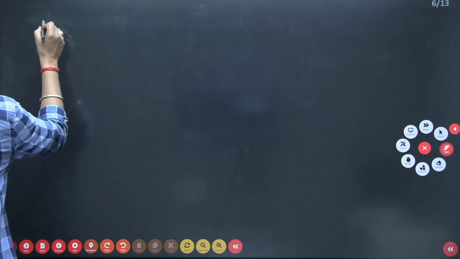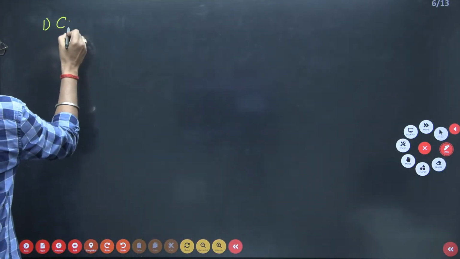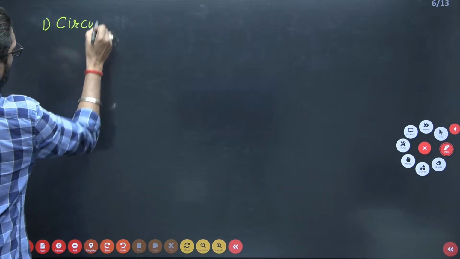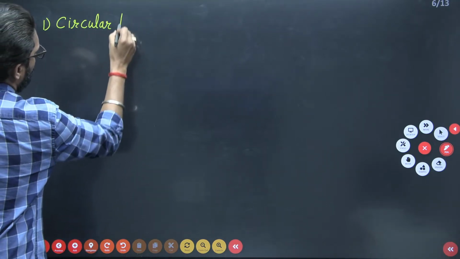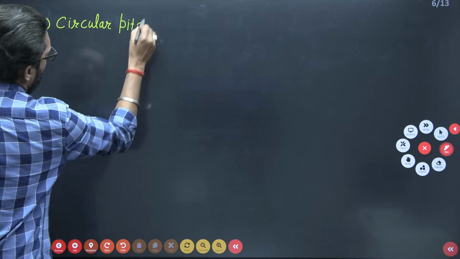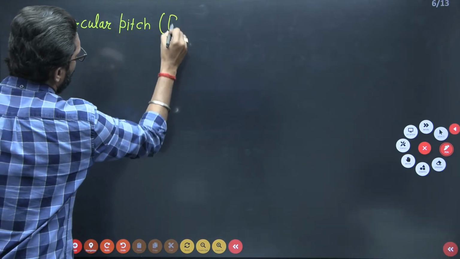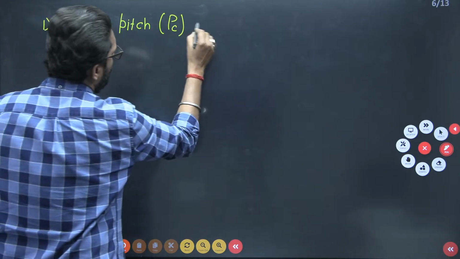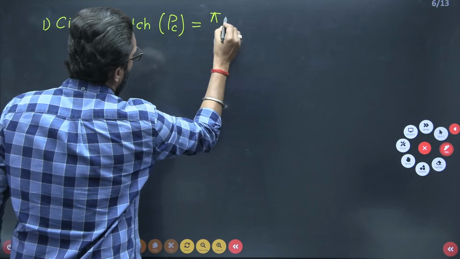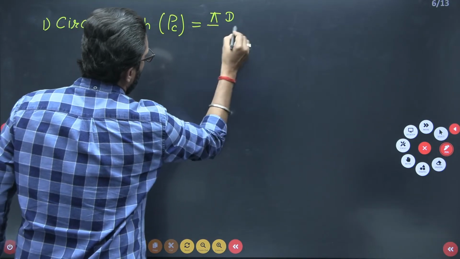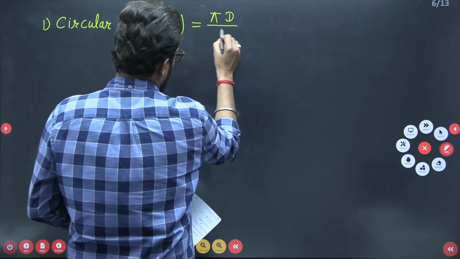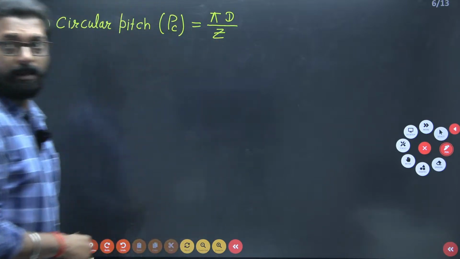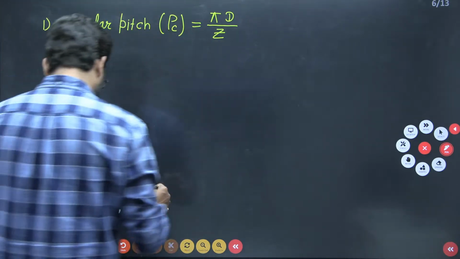Circular pitch, you know that circular pitch is your PC, and this is pi d upon number of teeth.